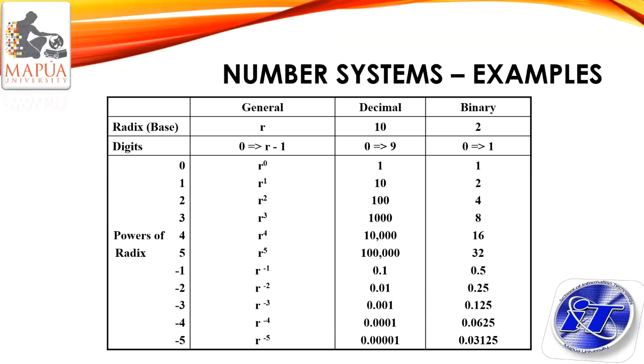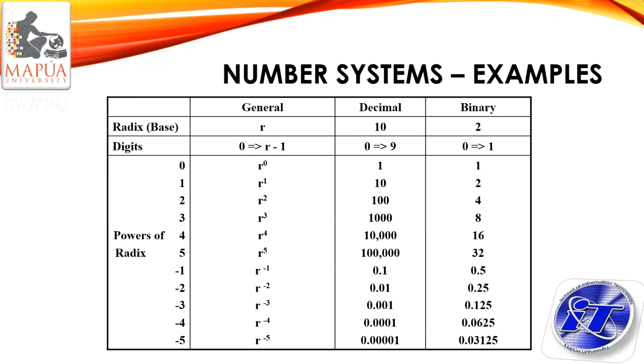And this is just a summary of the comparison between decimal and binary based on the positional value. Okay, so we have positive exponents here, and in case the exponent is negative, it means it is a fraction. If we were talking about decimal, it's on the right side of the decimal point, the fraction part.